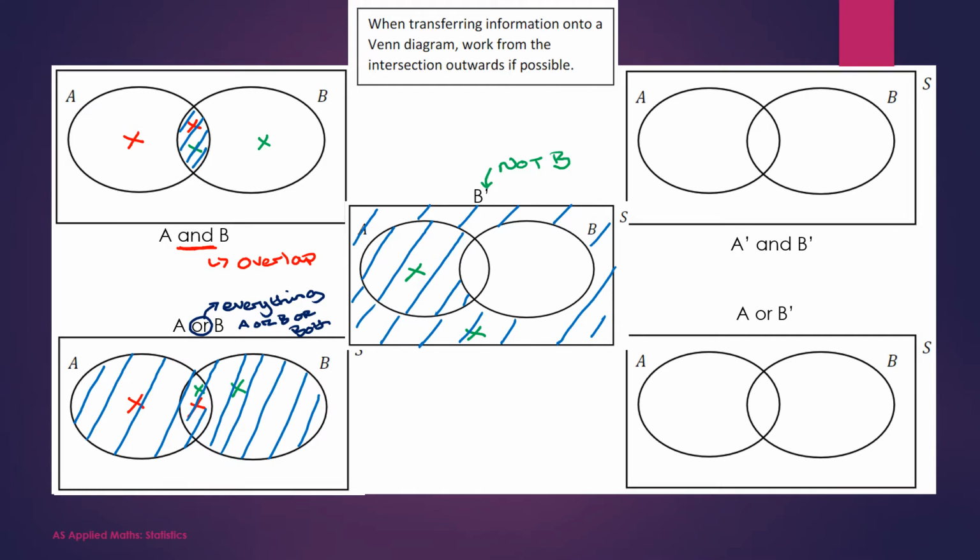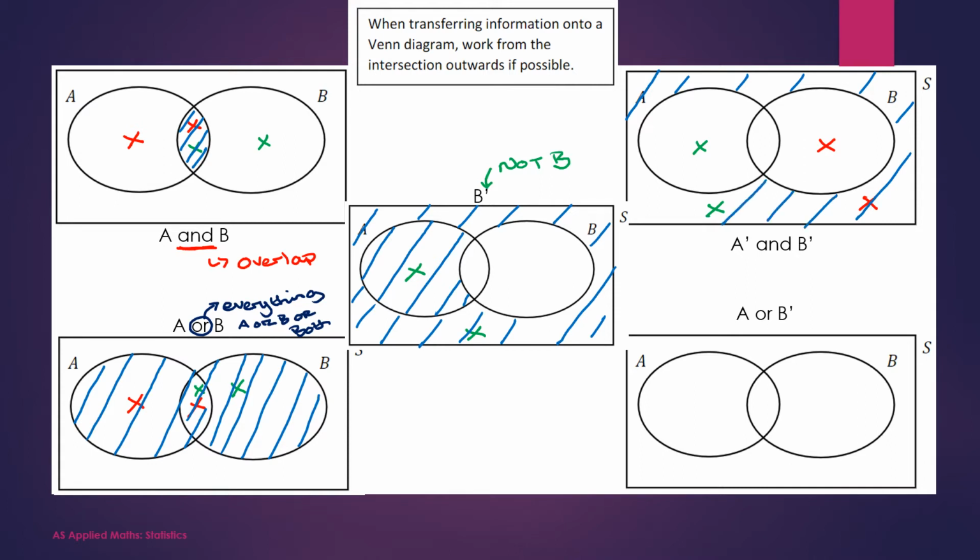The next one, so I've got and, which is the overlap, and I've got a dash on the A and a dash on the B, so it's not A, so not A is there and there. Not B is there and there, and I am looking for and, so I'm looking for an overlap, and I've got an overlap here where the crosses are on the outside, so not A and not B would be that section there.